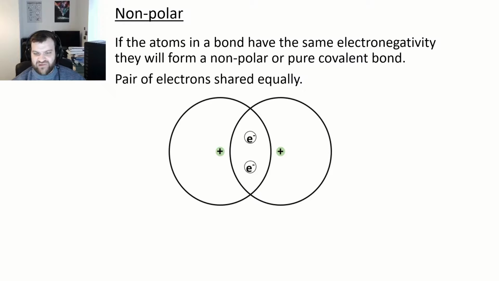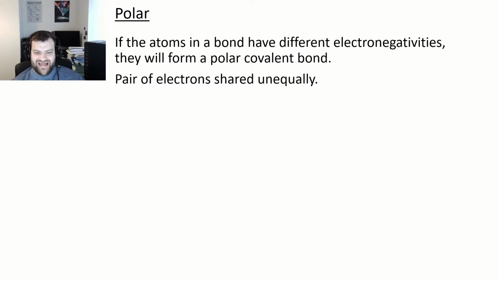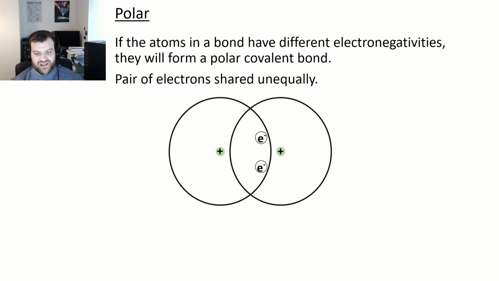If this is the case, we have a non-polar bond where the electrons are being shared equally. If you've got atoms with different electronegativities, they will form a polar covalent bond, and these electrons will be shared unequally. This means that the electrons will be closer to one side than the other.